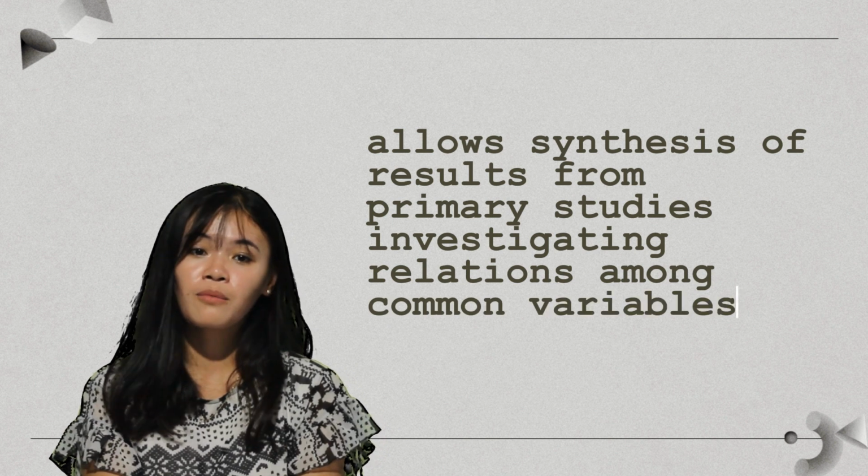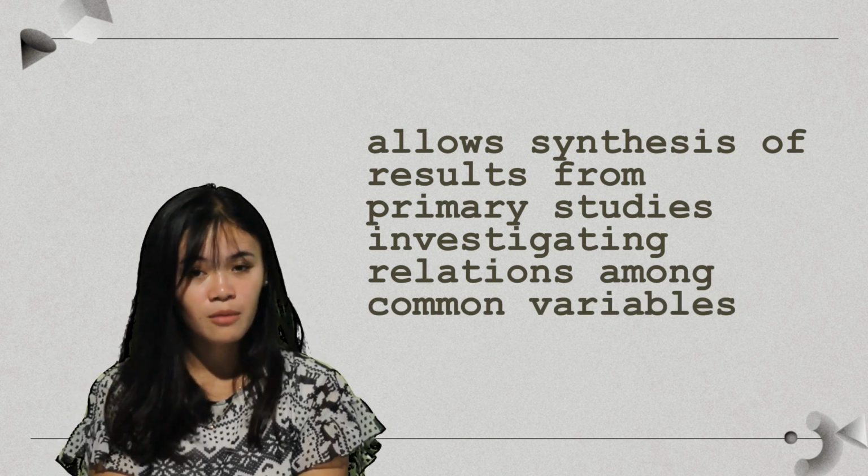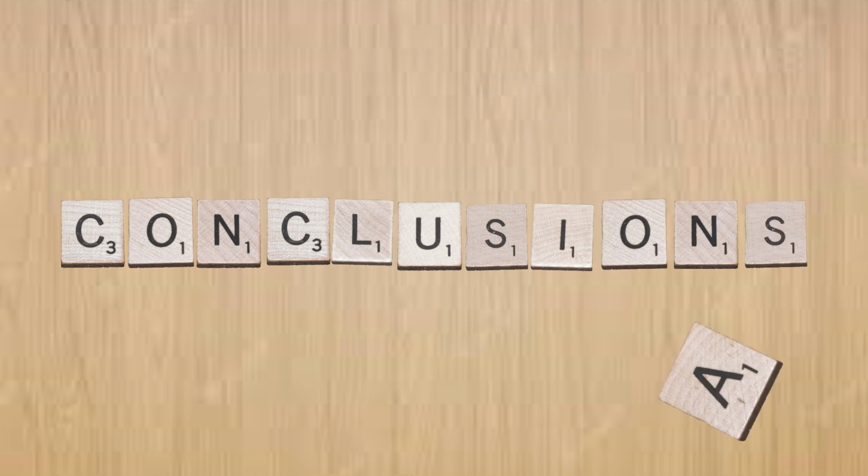Quantitative meta-analysis allows synthesis of results from primary studies investigating relations among common variables. The procedure entails first capturing effect sizes that numerically describe the relationship among relevant variables in each primary study.